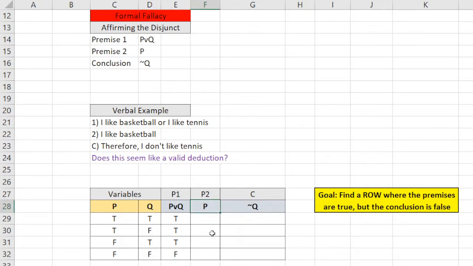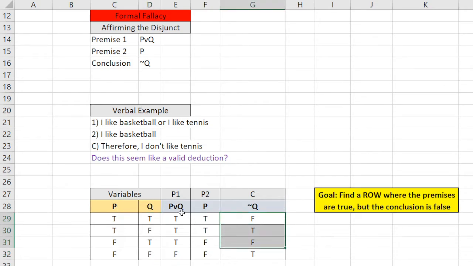That's right here. True, true, false, false. Remember, we're just keeping the same situation. And the last one is not Q. We have Q, true, false, and not Q is the negation of Q, which means it's the opposite. This is true, so this is false. This becomes true, this becomes false, this becomes true. Right, we're just switching the values of these because it went from Q to not Q.